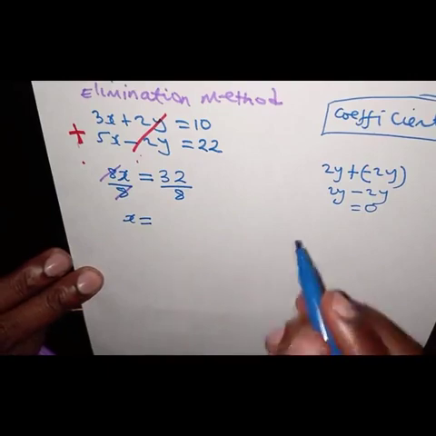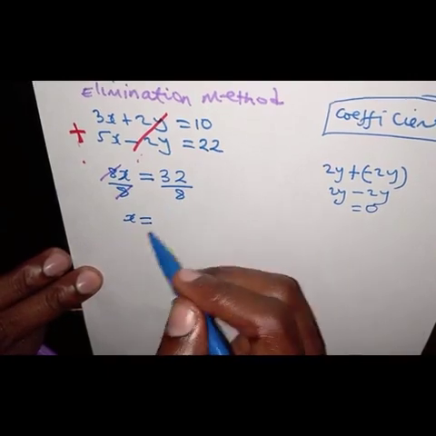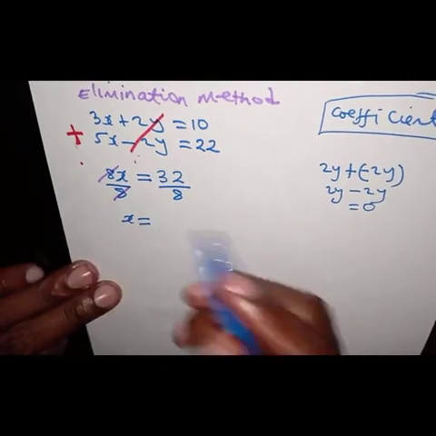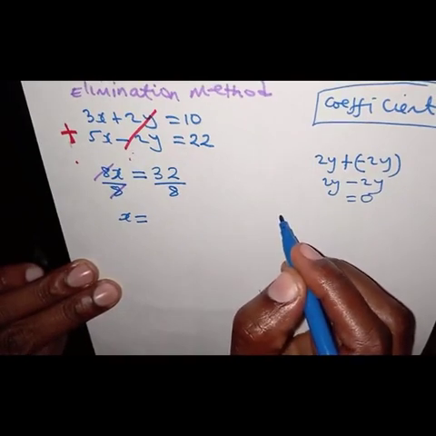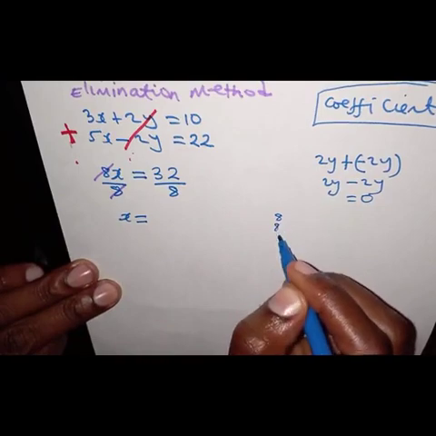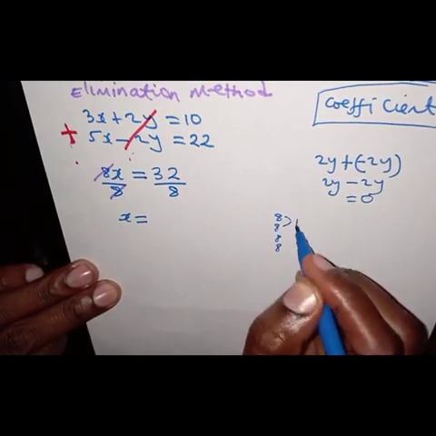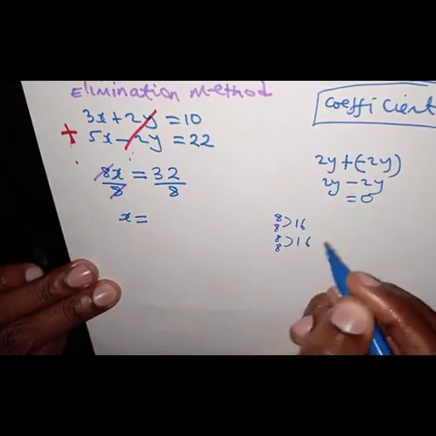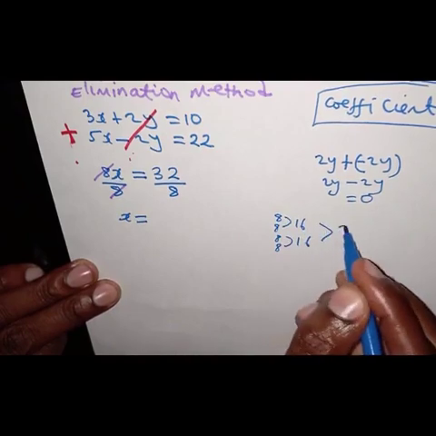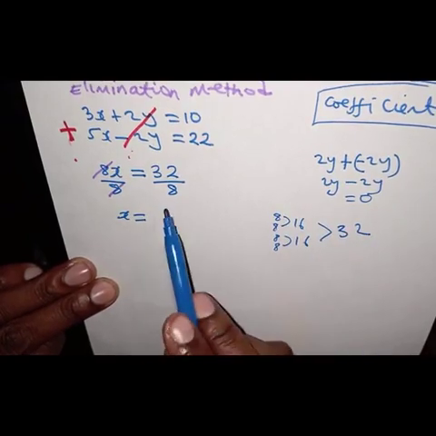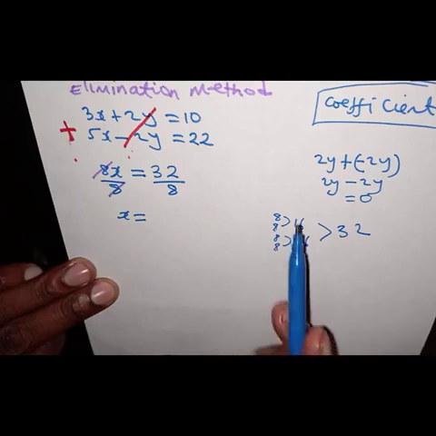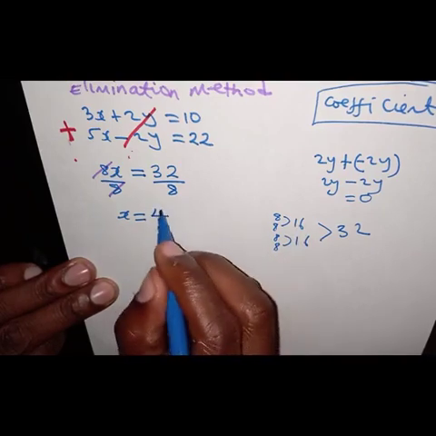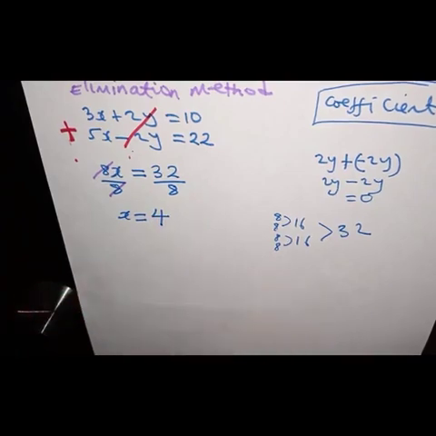You are aware you can use a small number to divide. Or even a grade 1 method of dividing is okay. We have 8, 8, 8, 8. This is 16, this is 16. 16 plus 16 gives you 32. So 8 goes into 32 how many times? 4 times. So x is 4. The value of x is 4.